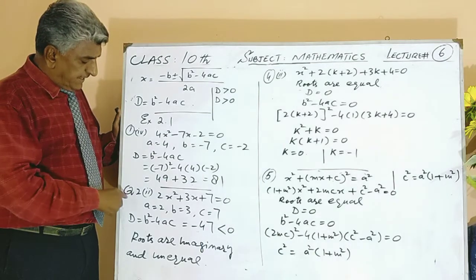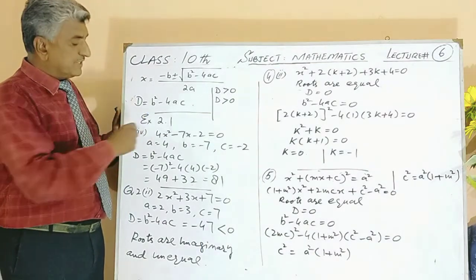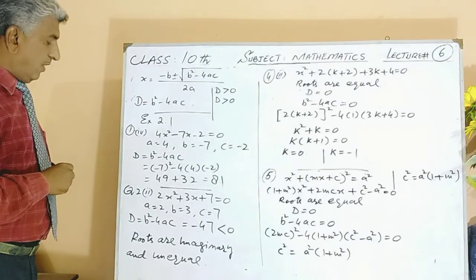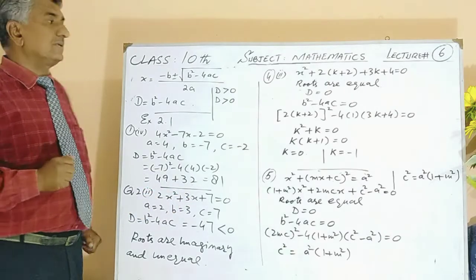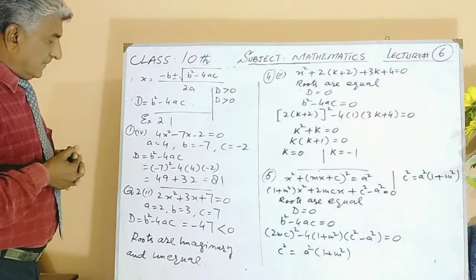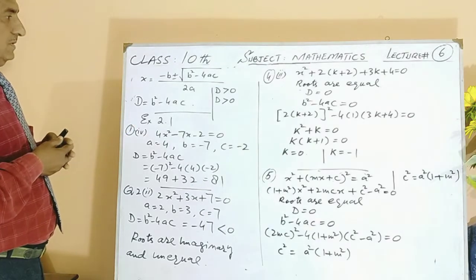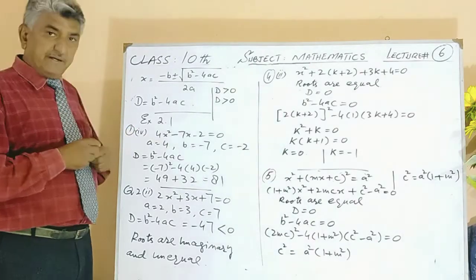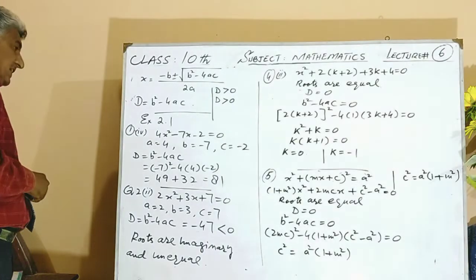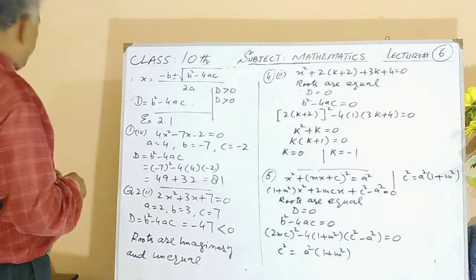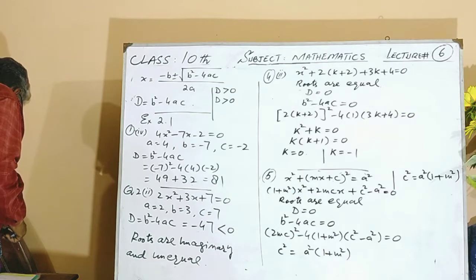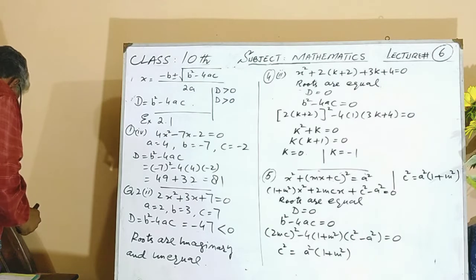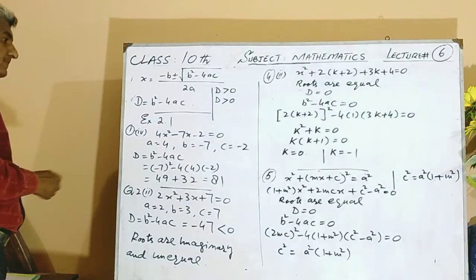Dear students, in question 2 you will use discriminant to find the nature of roots of this quadratic equation or other quadratic equations. Now the question is how we will distinguish the roots on the basis of this discriminant. In your book at page 19 there are 4 properties given, and these are called the properties of how to find the nature of roots.